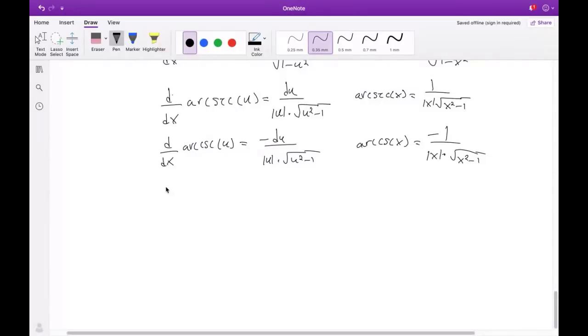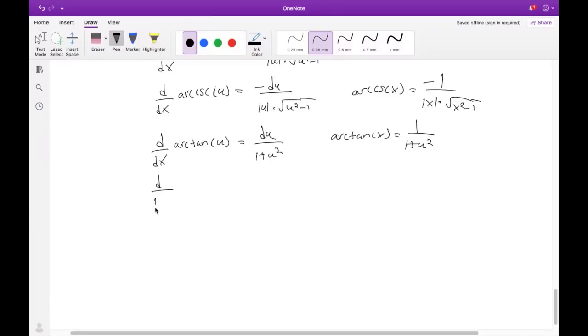Okay, and then the arc tangent and arc cotangent. So arctan of u is du over 1 plus u squared, and then normal arctangent of x is 1 over 1 plus x squared.